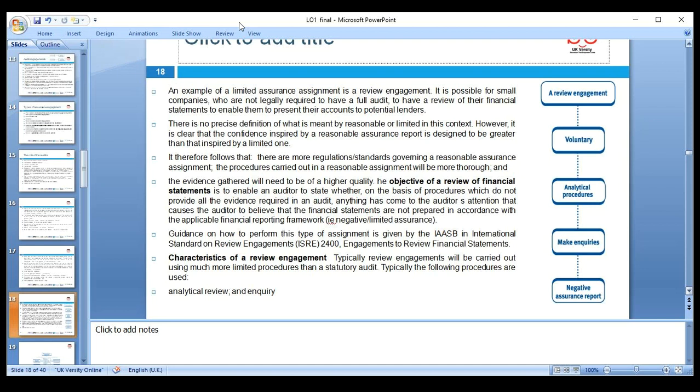Yes, we can say there is nothing we found, and if the details come to our attention, we can conclude there is a going concern matter. The objective of a review is to enable the auditor to state whether, on the basis of procedures which don't provide all the evidence required in an audit, anything has come to the auditor's attention that causes the auditor to believe the financial statements are not prepared according to the applicable financial reporting framework.